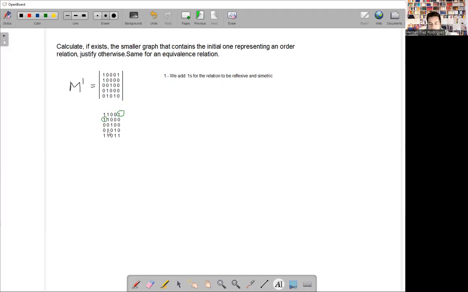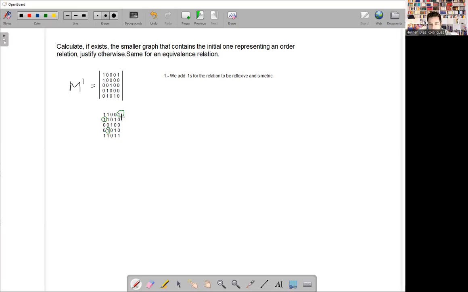In the position 4, 2, we need to put a 1 in the position 2, 4 here. Then we have the position 4, 4. Okay, this is on the diagonal, so it doesn't matter.